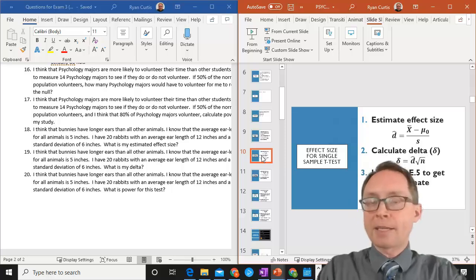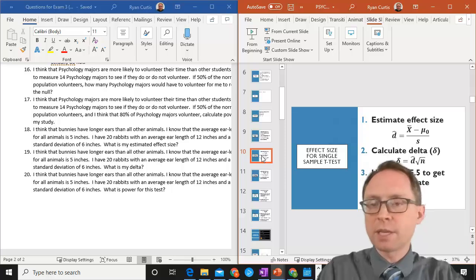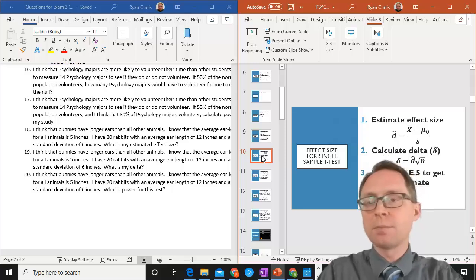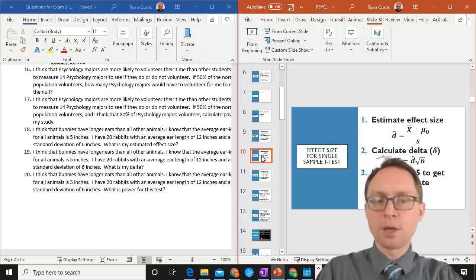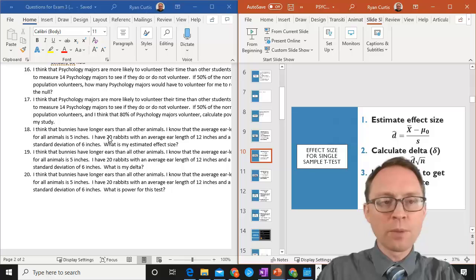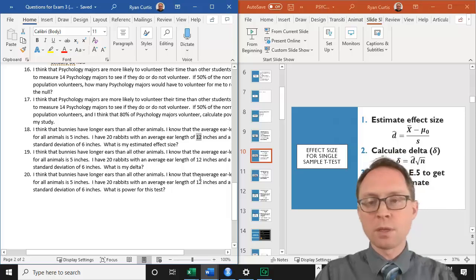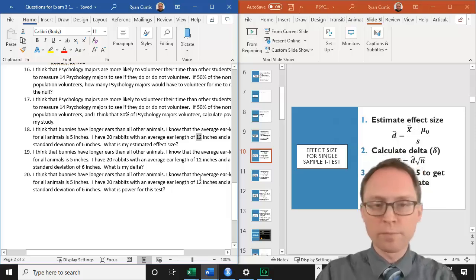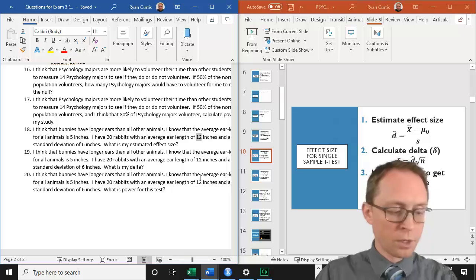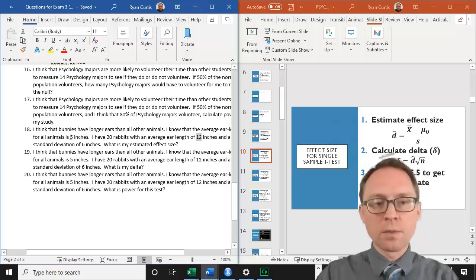D hat. Now that means the estimated effect size. So D is the effect size. The estimated effect size that we're going to get is x bar minus mu divided by standard deviation. So we want to get x bar. Now if you remember, x bar is going to be 12. The mean is 12. 12 minus mu, which is 5.